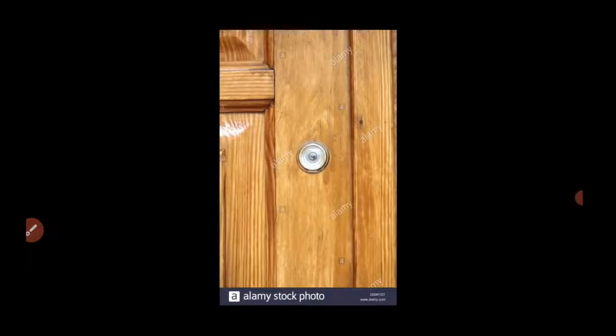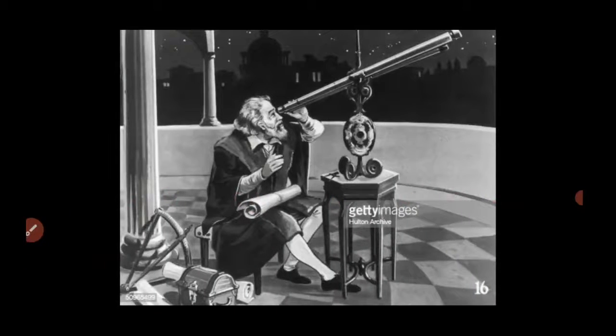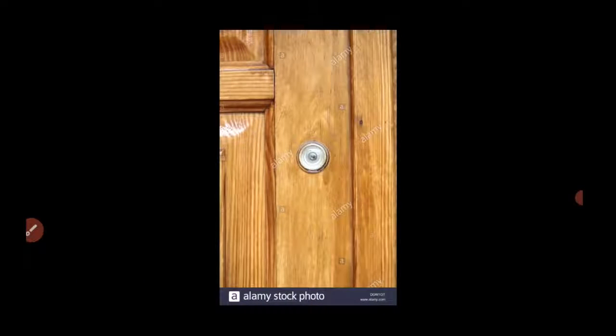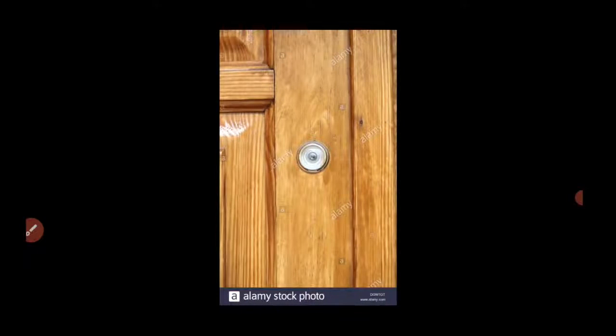So now we are learning the applications of concave lens. First application, a concave lens is used as the eye lens of a Galilean telescope, and then it is used as a wide angle spy hole in the door. And then the third one, they are used to correct the defect of vision called myopia.